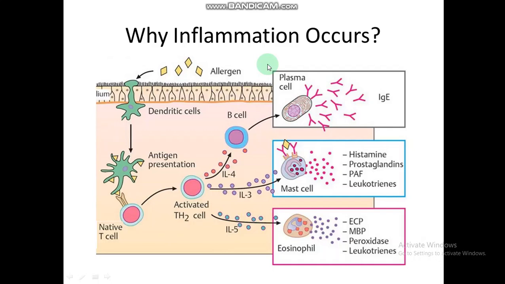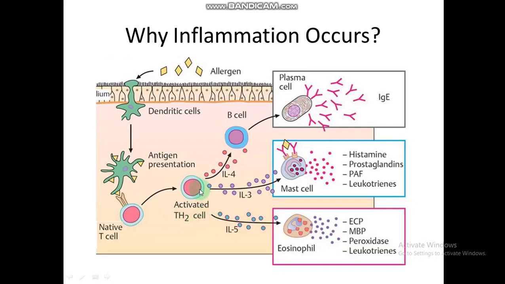Why does inflammation occur? In our previous lecture, we discussed in detail how allergens attack our cells and produce cell response due to the mast cells, and then dendritic cells receive these allergens and antigen presenting cells present these antigens to naive T cells, and T cells activate T helper cells.